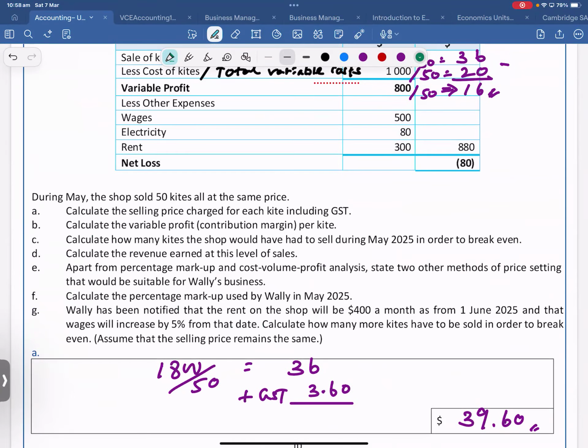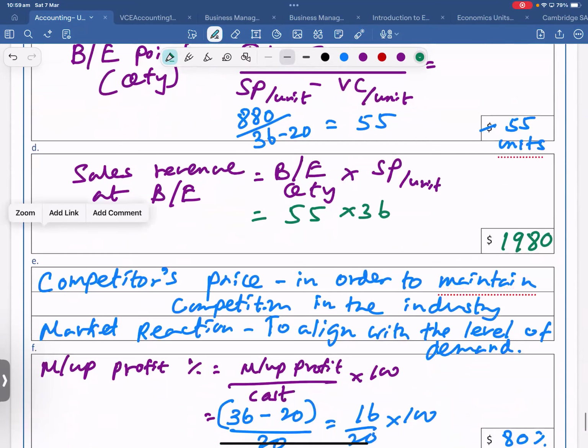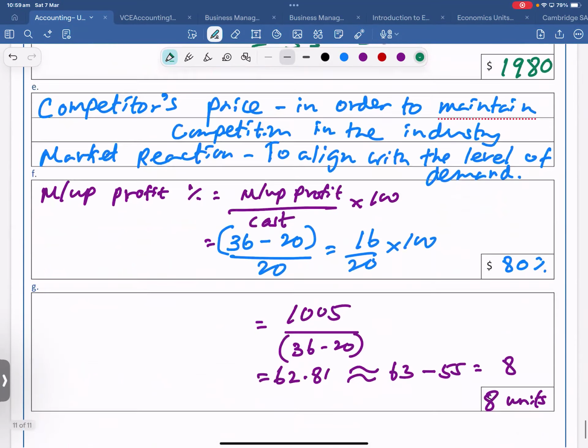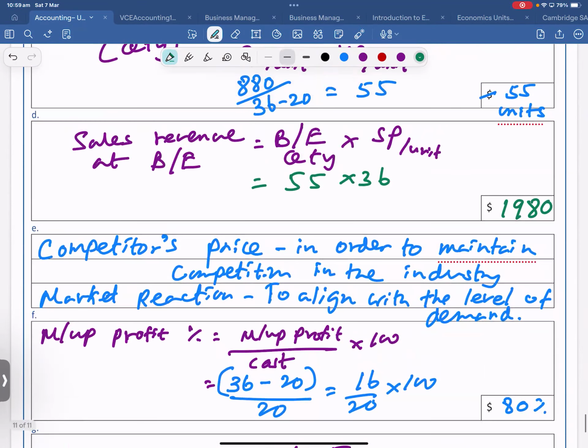So you just do 1005 over 36 minus 20. That's 62.81, so you round to 63 units. So is the answer 63 units?